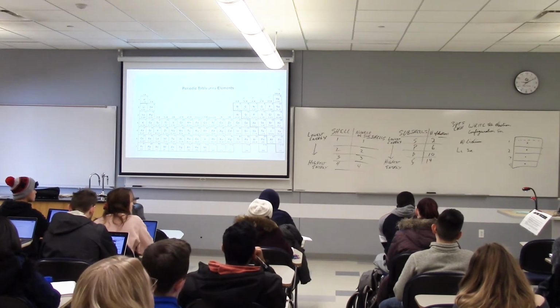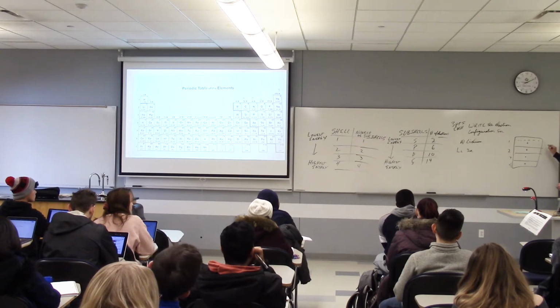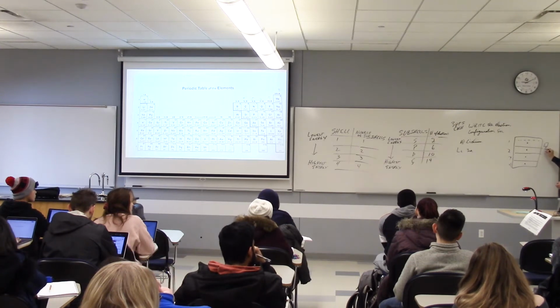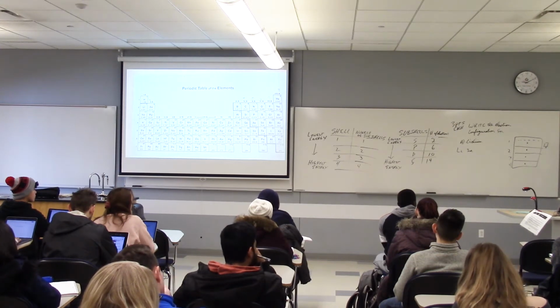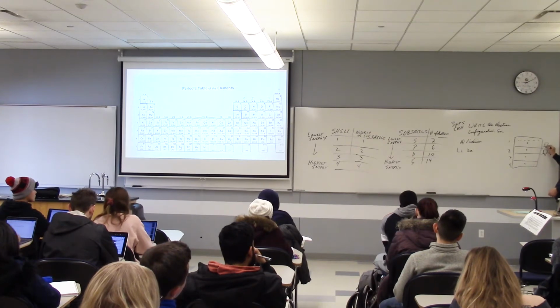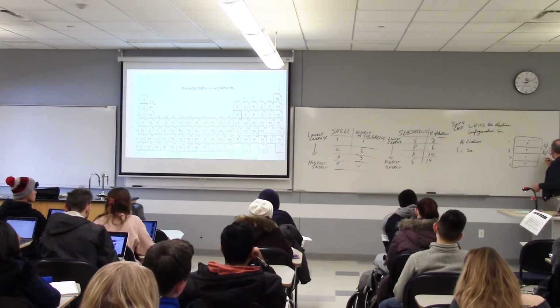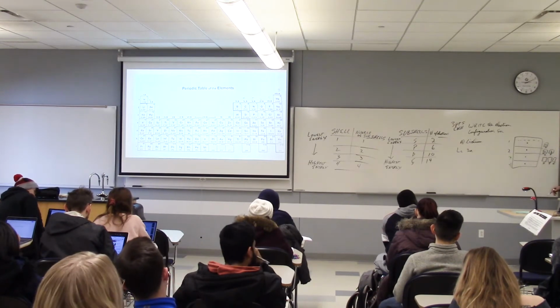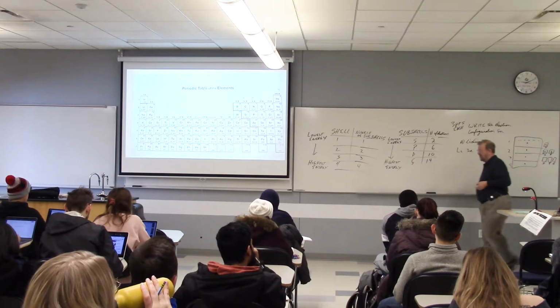Drawer 1 has a box that you put stuff in, and I'll call that box S. You can only put 2 things in S. Drawer 2 has 2 boxes, S and P. You can only put 2 in S and 6 in P. Drawer 3 has 3 boxes, S, P, and D, and drawer 4 has 4 boxes, which I won't draw.